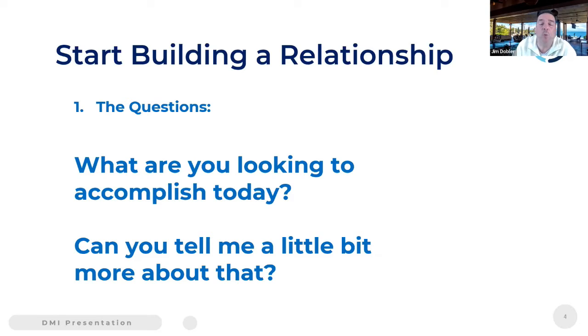So ask them, what are you looking to accomplish today? When they answer, they'll probably answer in a few sentences. Then from there, ask the second question. Can you tell me a little bit more about that? Because now they're going to go into a lot more detail. They know that you're not just saying that for the heck of it.